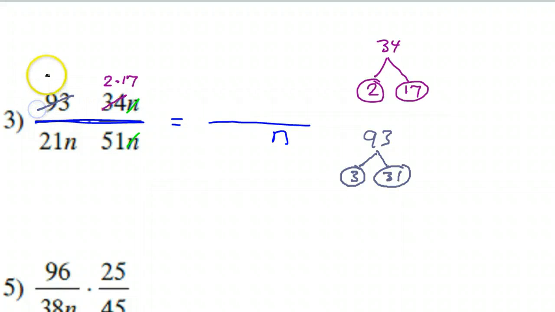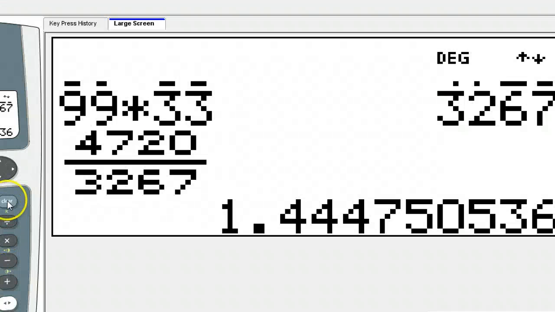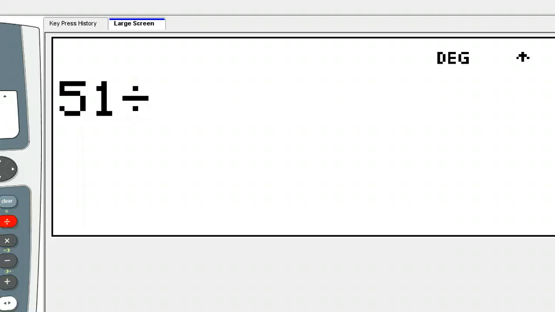Let's replace 93 with 3 times 31. 21 we can do in our heads, because we know that 21 is 3 times 7. 51: at a glance, I know that 51 is divisible by 3 because 5 plus 1 is 6, and 6 is divisible by 3. 51 divided by 3 is 17.